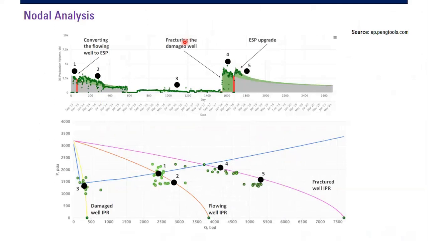I perform hydraulic fracturing, fracturing the damaged well. So now I go from point 3 to point 4 because I perform stimulation, in this case hydraulic fracturing. Now the IPR significantly changes from this yellow line to this purple line, point 4. Now my flow rate is significantly increased also. And because the well performance is becoming better, I want to increase the flow rate even higher.